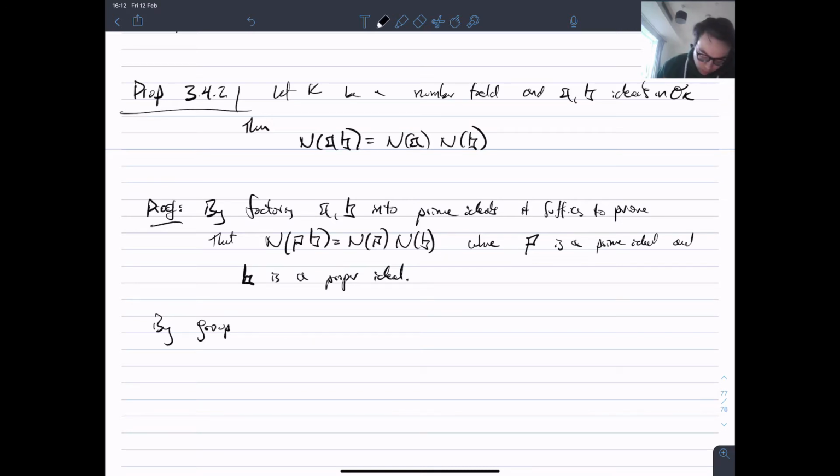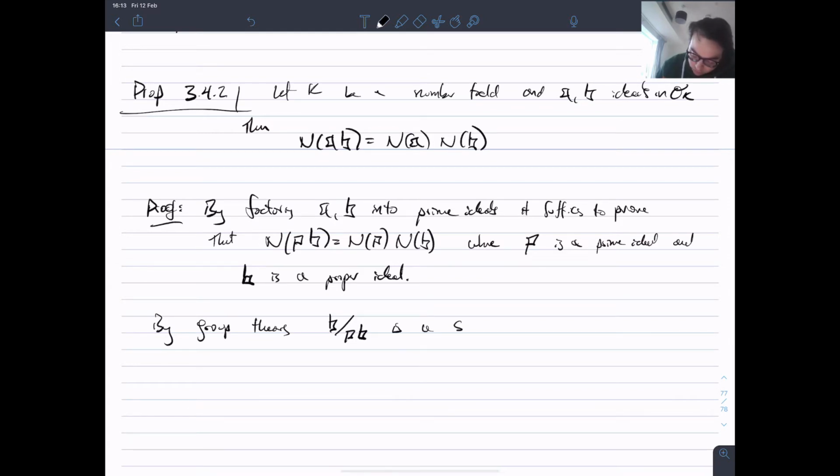But the first thing to remember from group theory is this group B quotient out by PB. Notice that P times B is an ideal and it's contained in B, but these are also groups, so this is a subgroup of this, and these are all abelian groups, so I can take the quotient without worrying about anything.